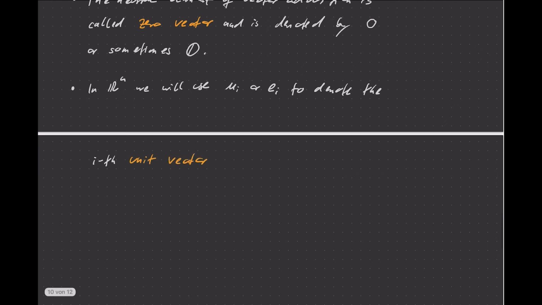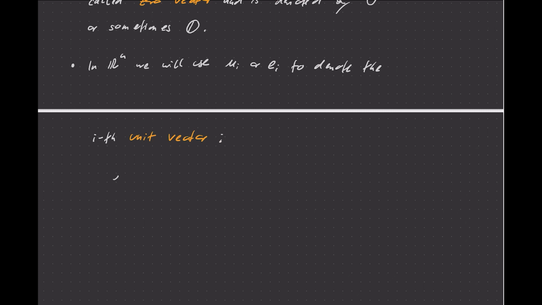And what I mean by the unit vector is, e_i is the vector that has zeros everywhere with one exception, and that exception is there's a 1 at position i. So this here is the ith element.